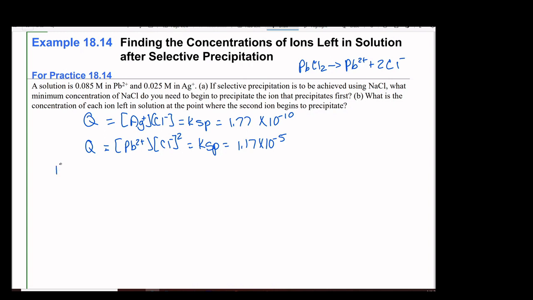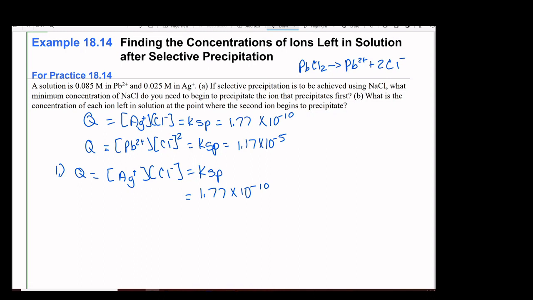All right, so first we're going to calculate Q equals silver times chloride again. And that's going to be equal to the KSP, which is 1.77 times 10 to the minus 10th.